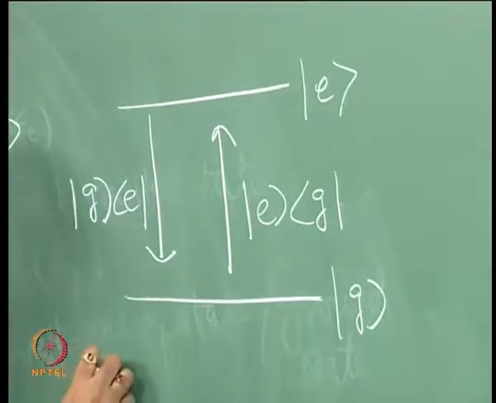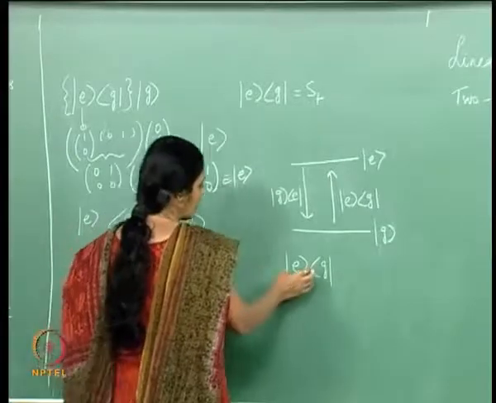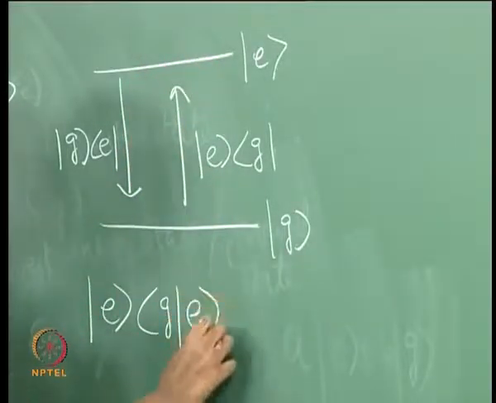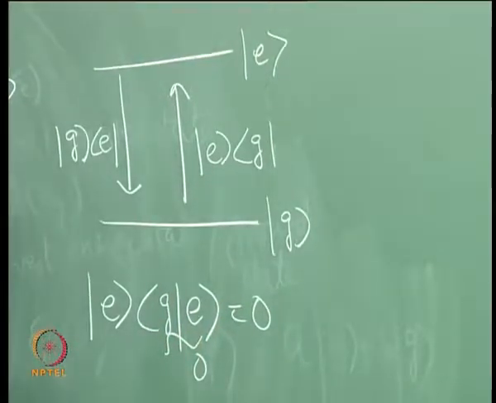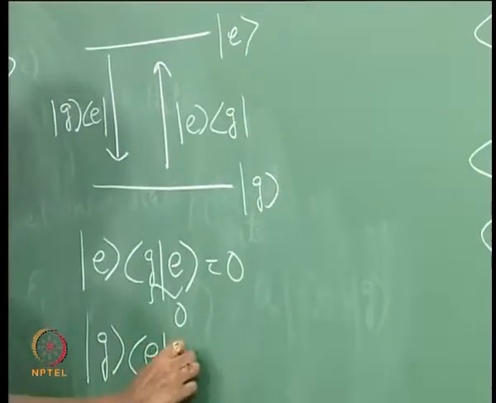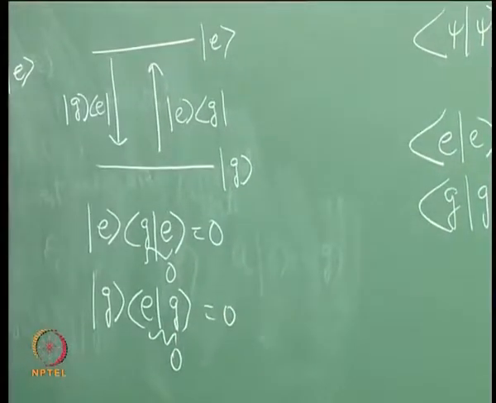And to complete the story, when the operator S plus acts on the excited state, it simply destroys it, it annihilates it. And when its Hermitian conjugate acts on the ground state, it simply destroys it.